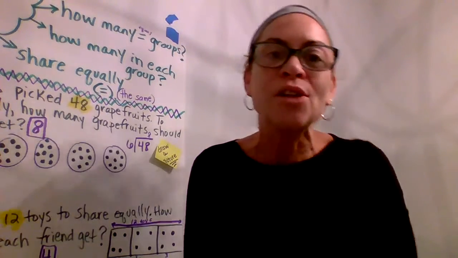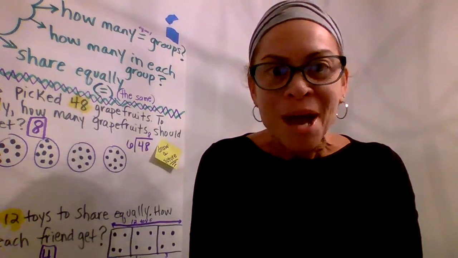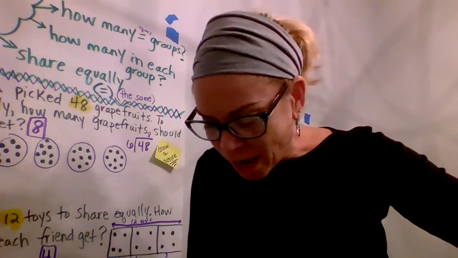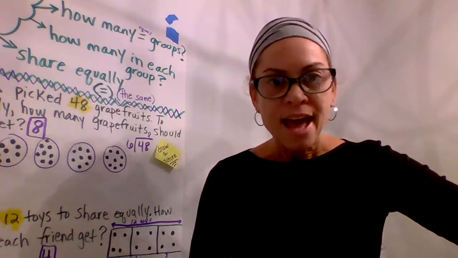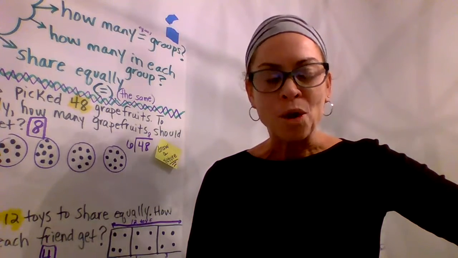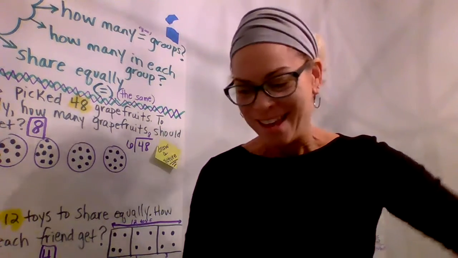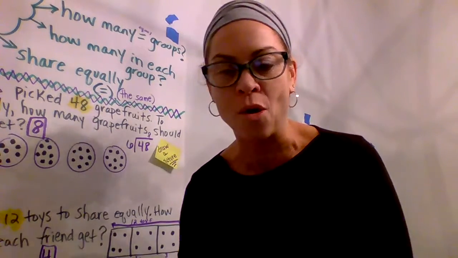It's the same as looking at equations and solving them, except you have to read words. Okay, so you're going to do pages 19 and 20 in your math workbook at home.